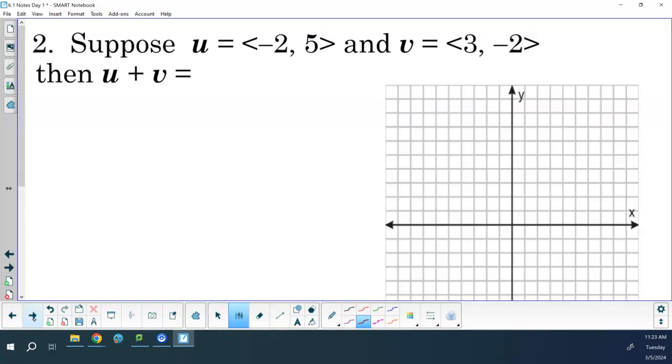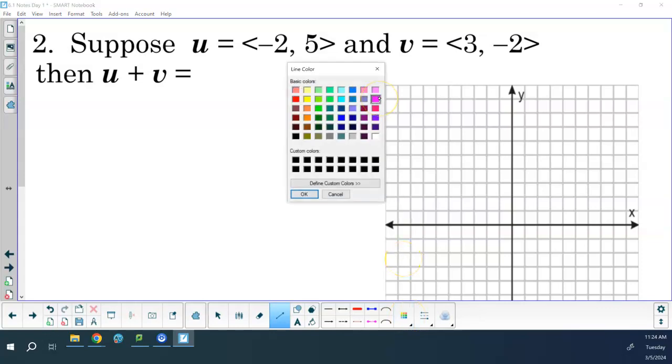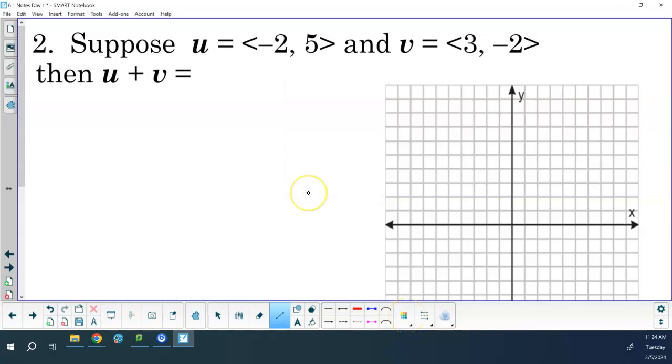Suppose we have vector u, which was our vector -2, 5. So there is u.